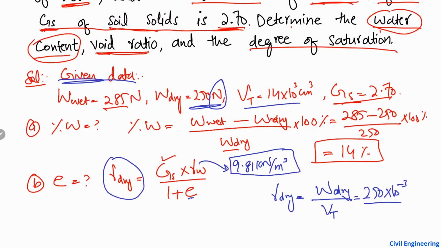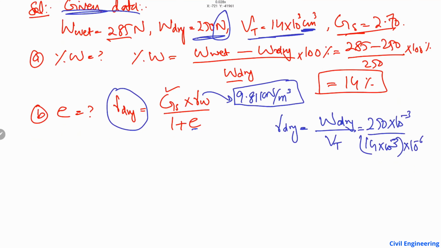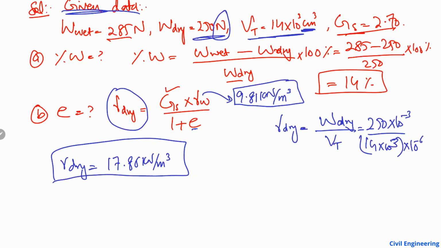Dividing by the volume of the soil, which is 14 into 10 raised to power 3, and I also want to convert it from centimeter to meter, so it will be 14 multiplied by 10 raised to power 3 into 10 raised to power minus 6. Now dividing this, I will get my gamma dry, which comes out to be 17.86 kilonewton per cubic meter. So now my value is in cubic meter, and when I put this value here, I can find out my void ratio.